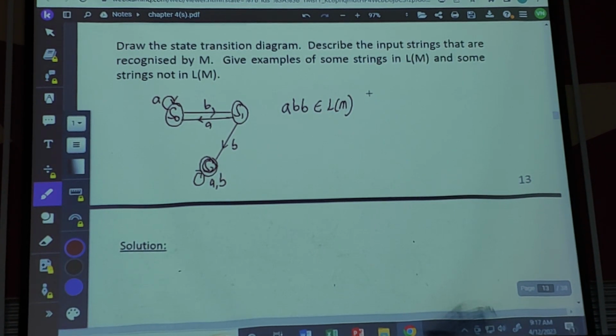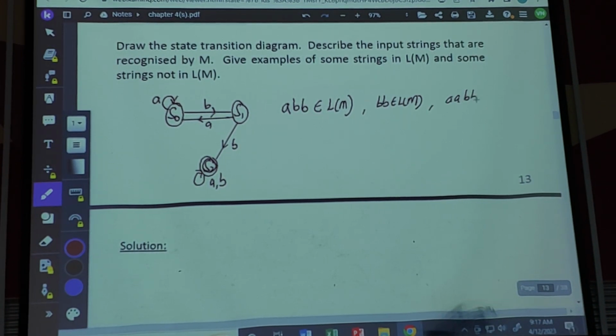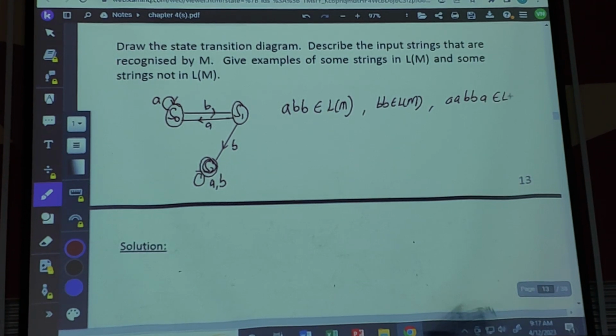What is the shortest string we can have? B, B. Shortest, right? If you don't go to the loop A, you can straight away go B, B. That is the shortest in the LM. Of course, we can have A, B, B, A. In LM or not?